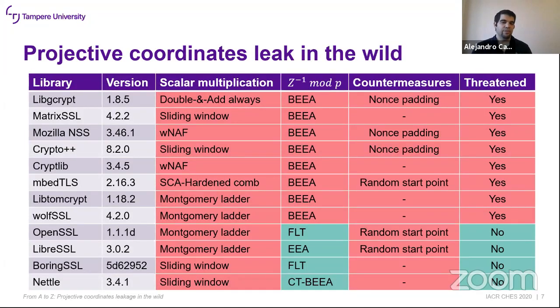Regarding the analysis of how open source libraries could be affected by this attack, specifically by a side channel attack on the binary inversion function, we analyzed 12 libraries and only four of them we categorized as not threatened by this attack.